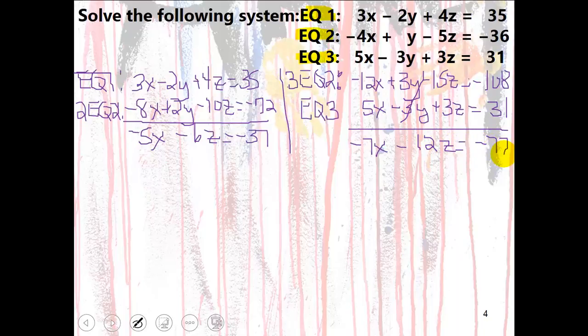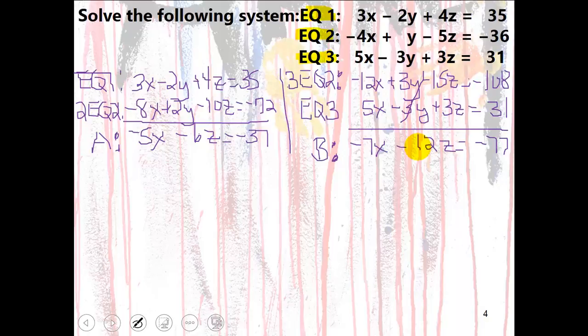Now what I'm going to do is label this equation as equation A, and this equation as equation B. And with these two equations, I'm going to eliminate the z's.